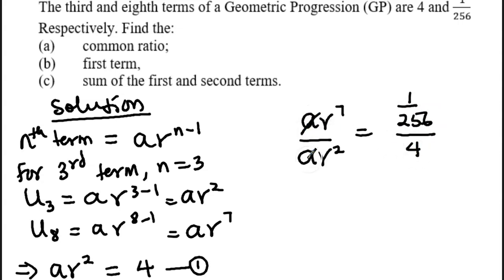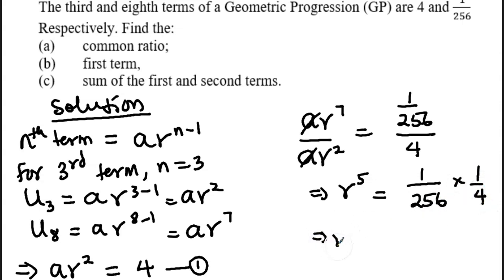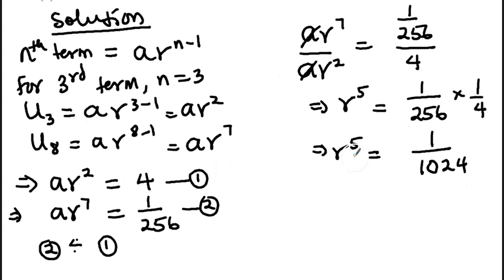The A cancels A, and then by indices, we subtract the powers. So we have R to the power 5 is equal to 1/256 times 1/4. We are dividing two fractions. So R to the power 5 is equal to 1/1024, since 256 times 4 is 1024.